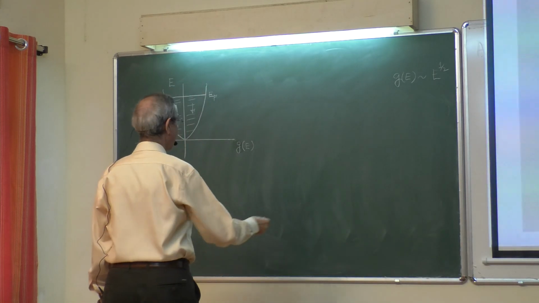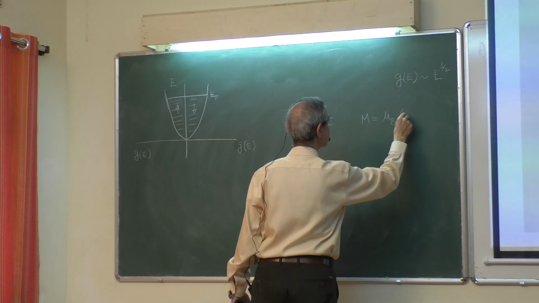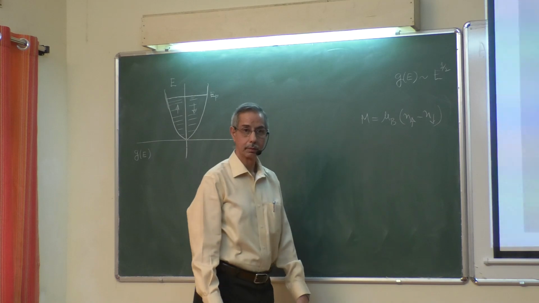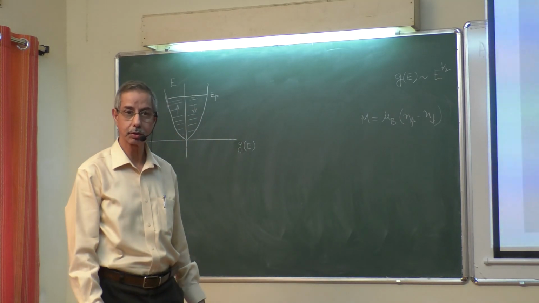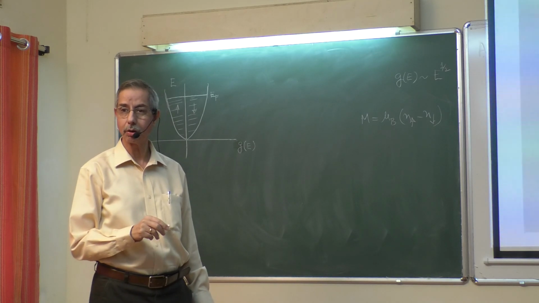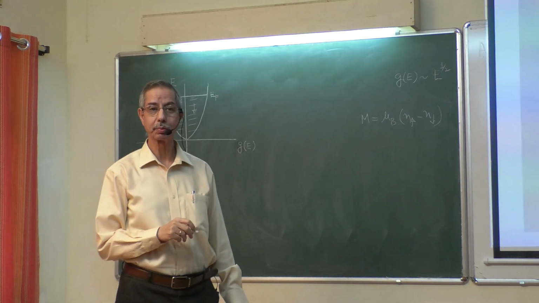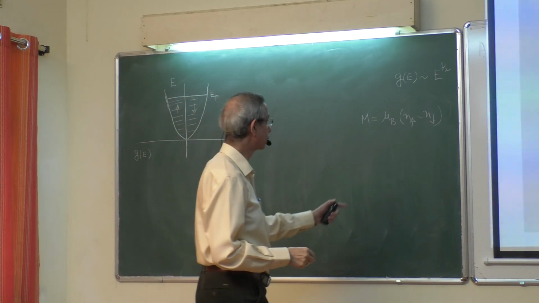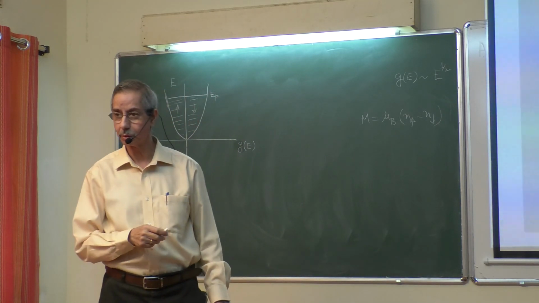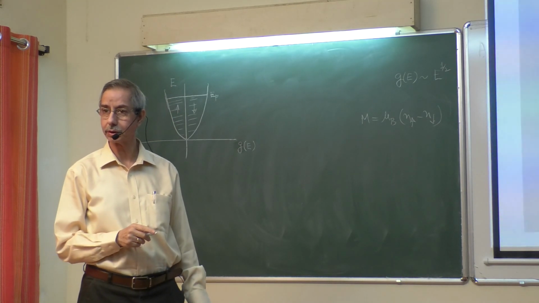So the magnetization, which you define as this, is the magnetization of the system, where n up is the number density of up spins, and n down is the number density of down spins. So this is nothing but the population difference between the two subbands, spin up and spin down. Difference in population is the magnetization.